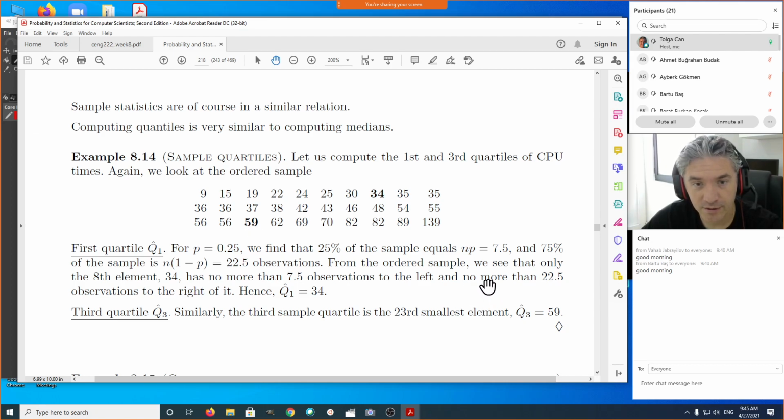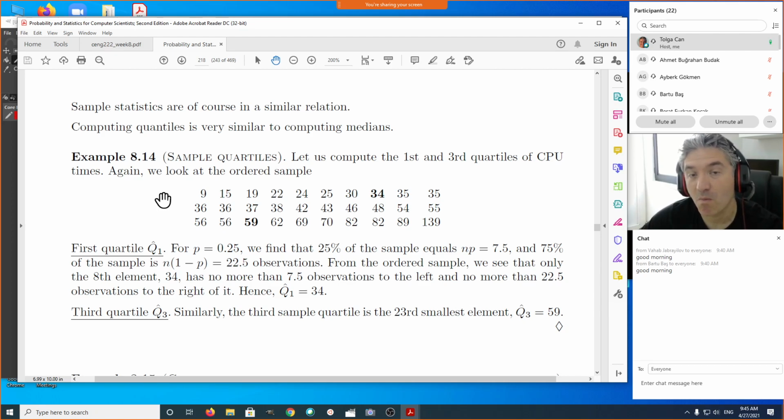So here, as you can see, the rule is that 7.5 is the count of observations, and the quartile rule is that it should not have more than 7.5 observations to its left. So the first quartile, the 25th percentile, is basically saying that there shouldn't be more than 25% of the population to its left.